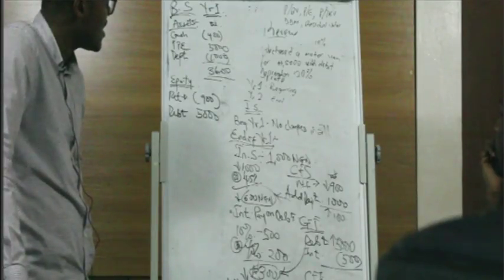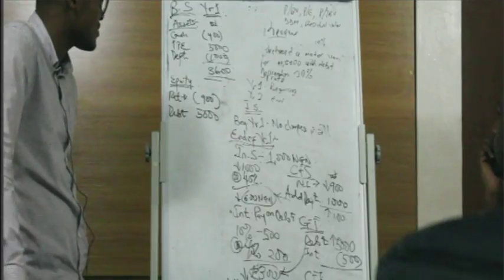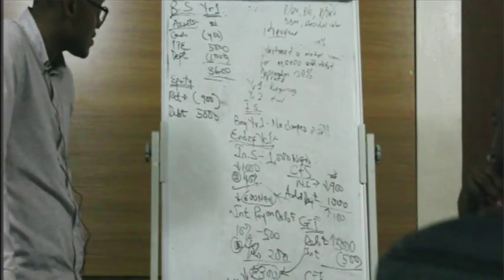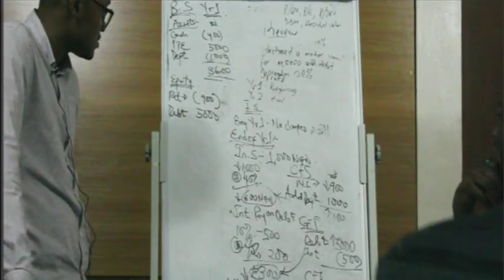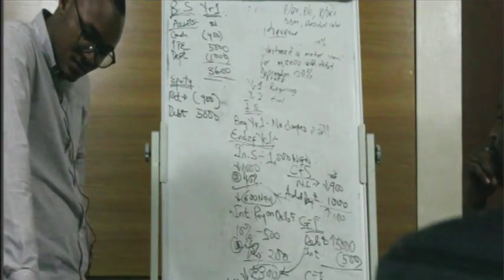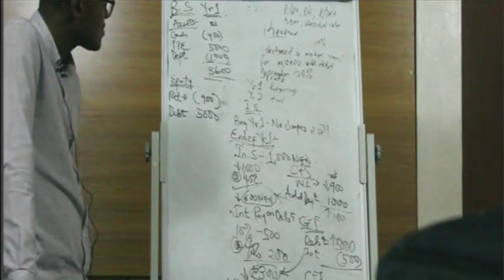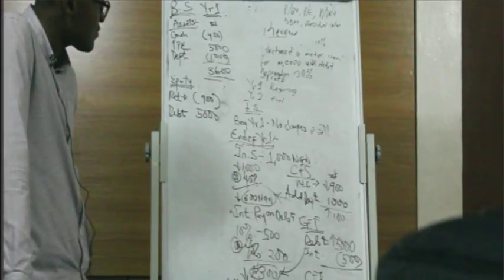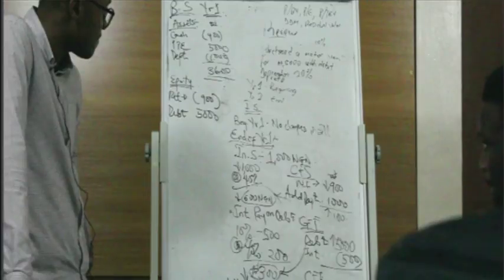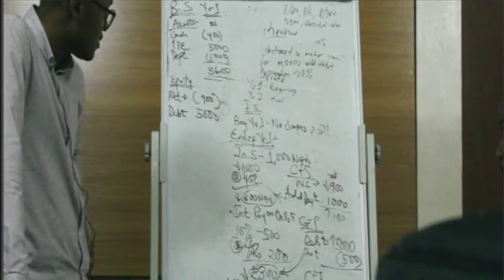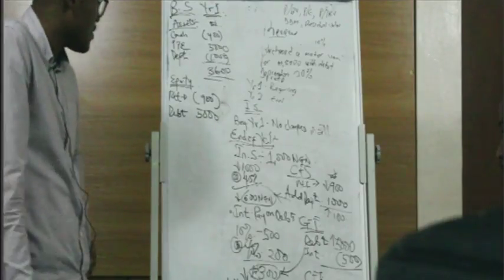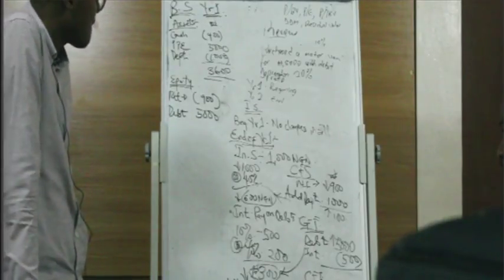Okay, I just give 10%. Okay, 10% of that is 1,000. That's what people do. The value of the loan cannot be 5,000. It will be paid off. Exactly.